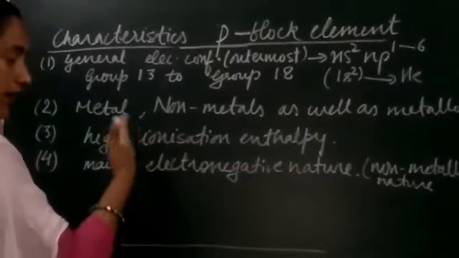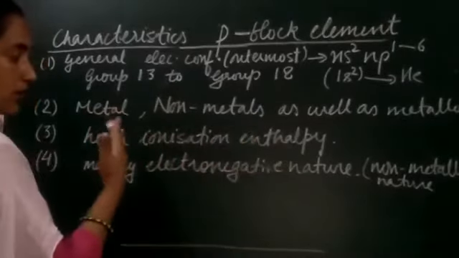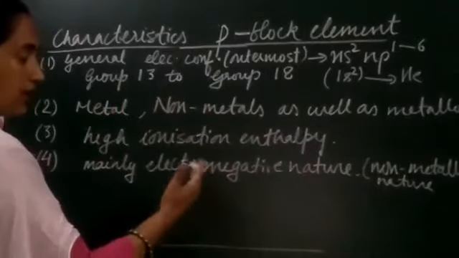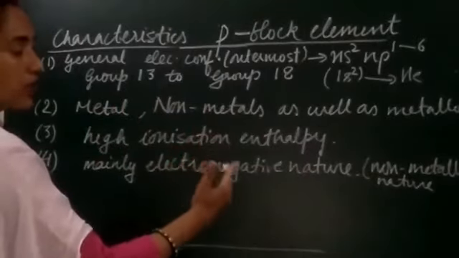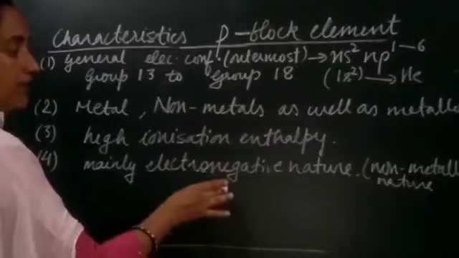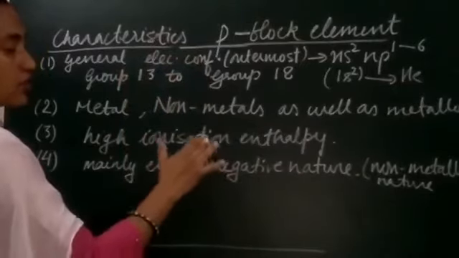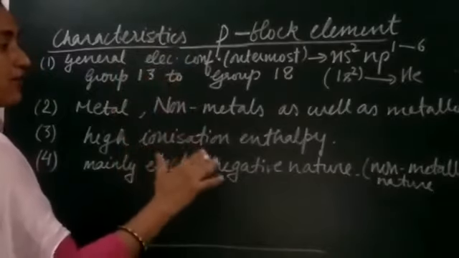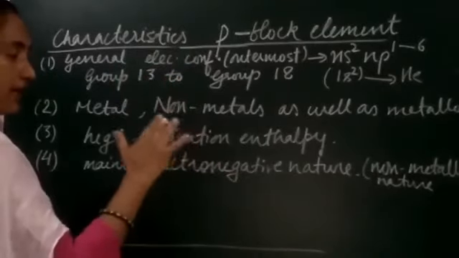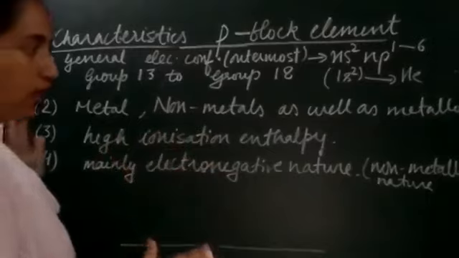So when we move across the period from group 13 to group 17, the electronegative nature is going to increase. And when we move down the group, the electronegative nature is going to decrease, and we will get the metallic nature when we move down the group.